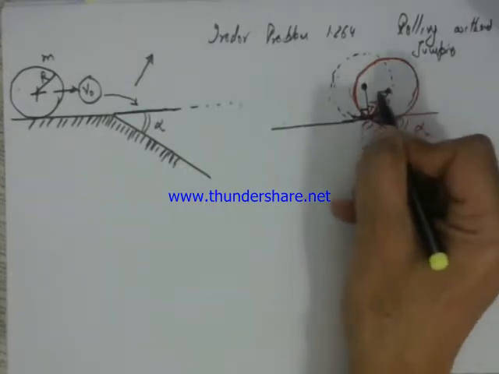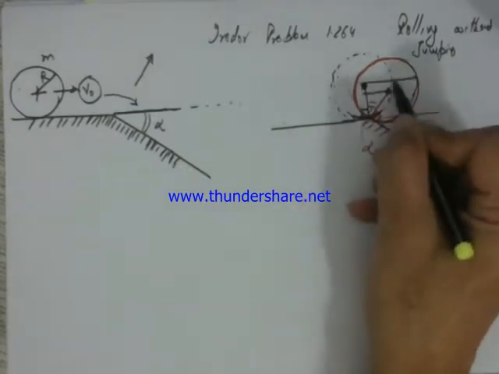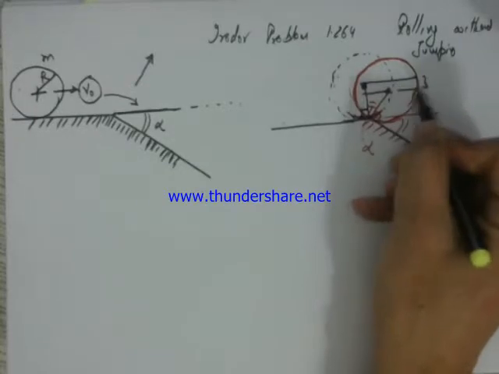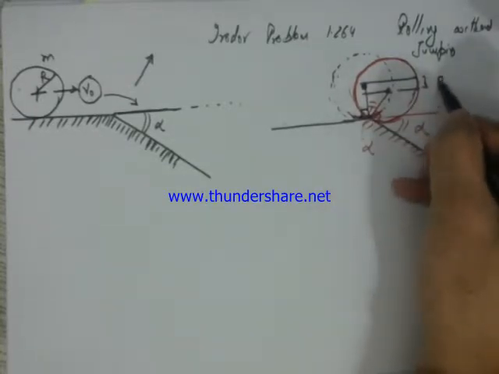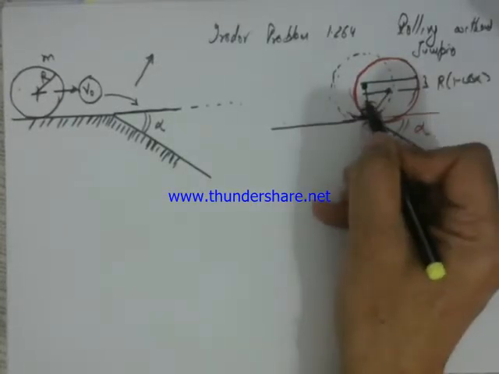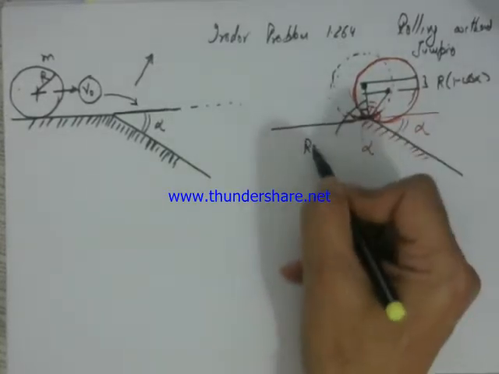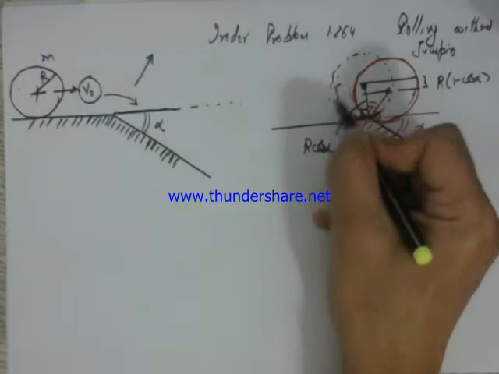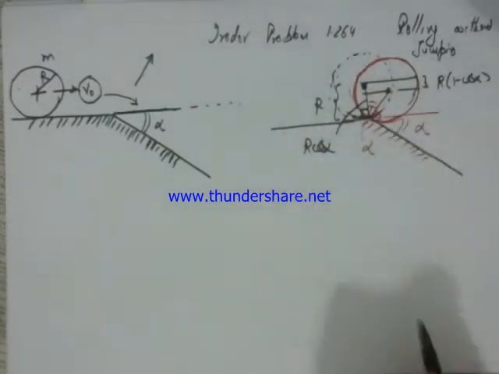Now see how much the center of mass has fallen. It has fallen by this distance, which will be equal to r(1 minus cos alpha), because this projection is r cos alpha and this whole is r, so the difference will be r(1 minus cos alpha).